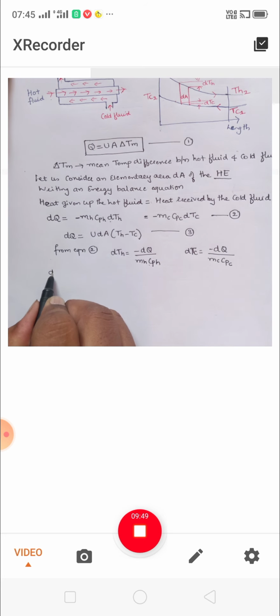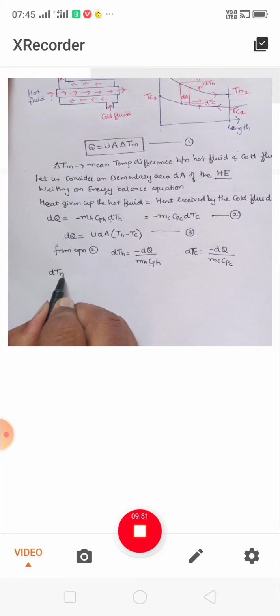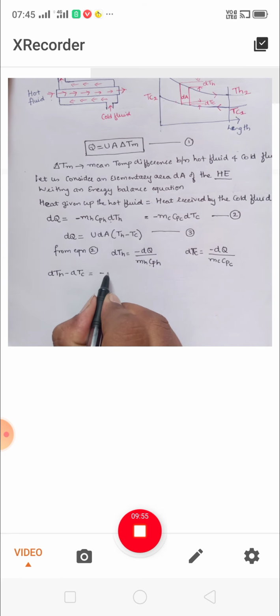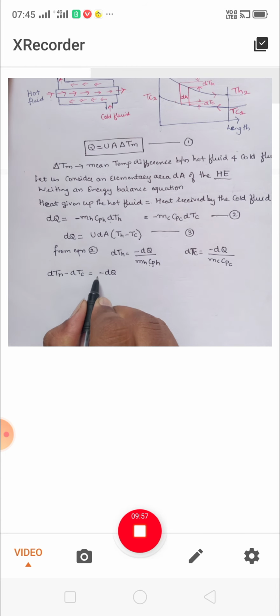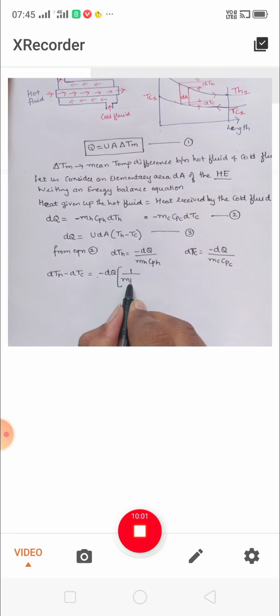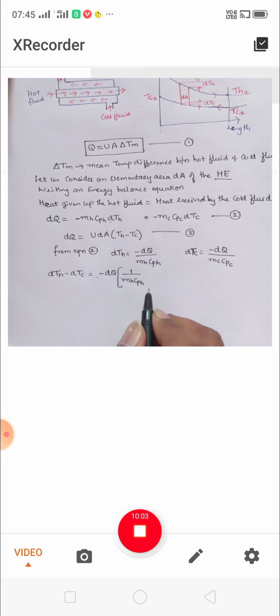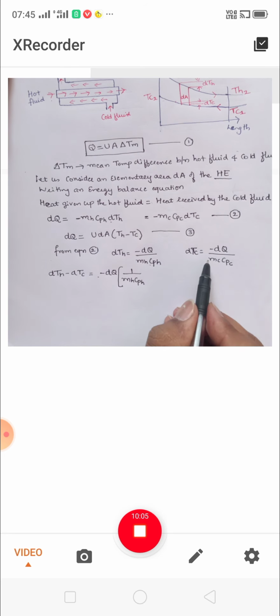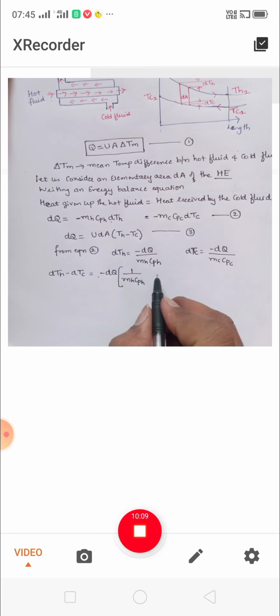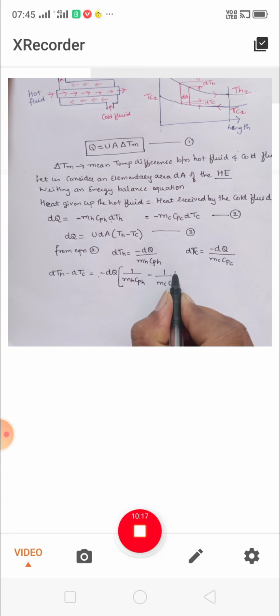So from this equation, I will write dTh minus dTc. This will be equal to minus dq, which I will take as common. So we'll write here 1 divided by mh into cph. So dTh minus dTc, already it is here minus, so minus into minus becomes plus. So I will write here minus 1 divided by mc into cpc.